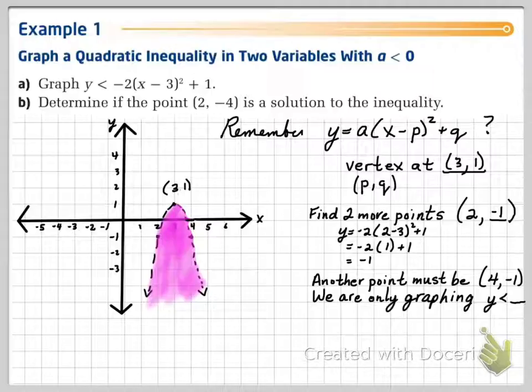Now for part B, we're asked to determine if the point (2, negative 4) is a solution. Notice that when x is 2 and y is negative 4, that point is in our shaded region, so it should be.